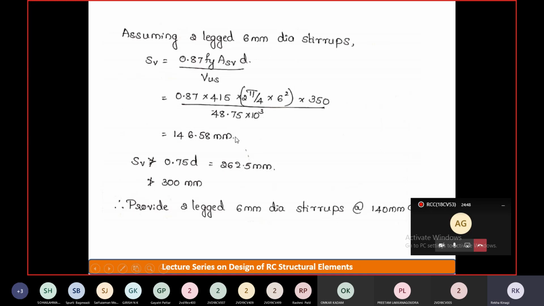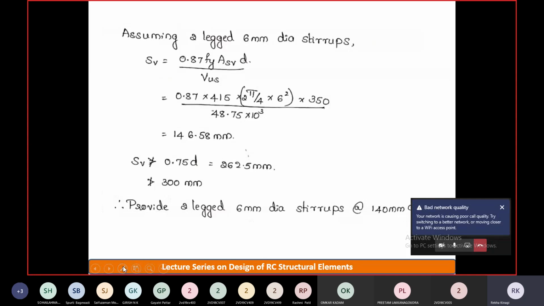Now this spacing is compared with another 2 values, that is 0.75 D and 300 mm. 0.75 D is nothing but 262.5 mm and 300 mm.